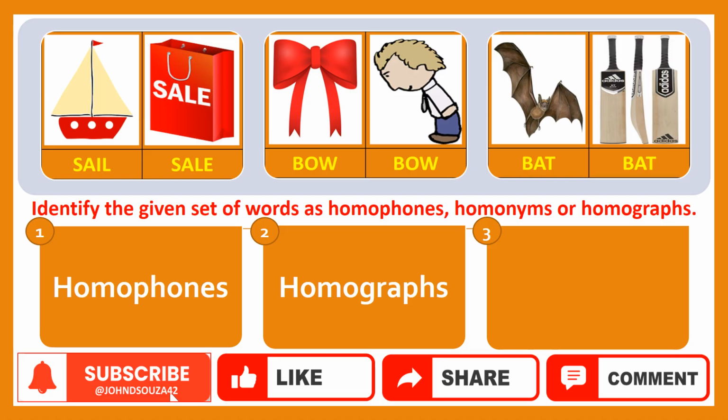When pronounced one way, bow means decorative ribbon, and when pronounced the other way, bow means bend to show respect. The third set of words are homonyms, which are pronounced and spelt the same. One means a flying mammal and the other means an object used to play cricket.